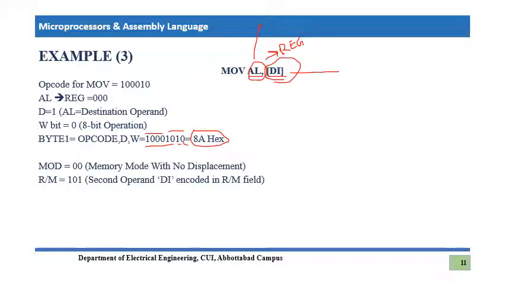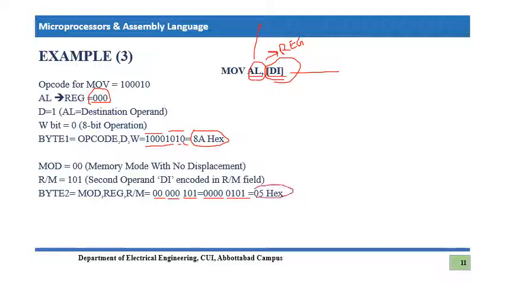I hope you can see in the table DI is encoded as 101, so r/m is equal to 101. So byte 2 will be mode 00, register 000. Look, we have encoded it. r/m, which is DI, is 101.